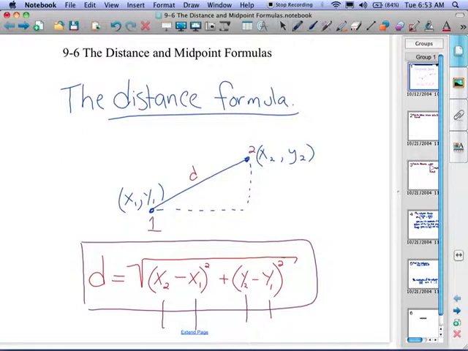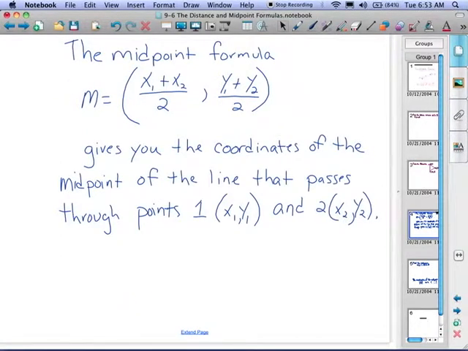The midpoint will give us the coordinates of the point that's halfway between points 1 and 2. So we're going to use the midpoint formula, which is x1 plus x2 divided by 2, and that'll give us the midpoint of the x coordinates. And y1 plus y2 divided by 2, that will give us the midpoint of the y coordinates.